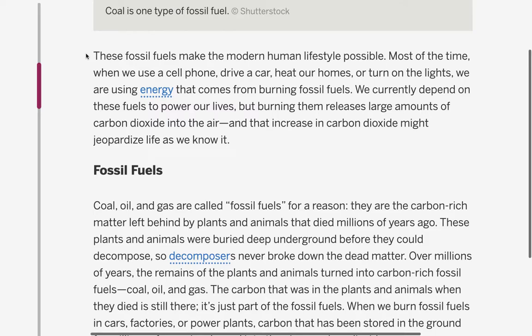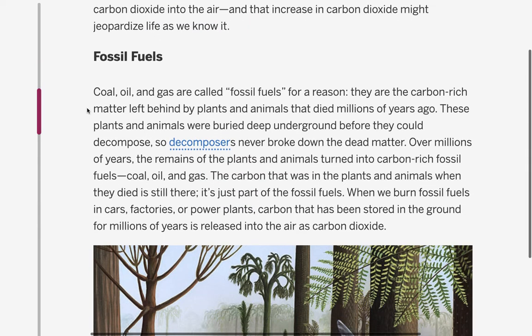Most of the time, when we use a cell phone, drive a car, heat our homes, or turn on the lights, we are using energy that comes from burning fossil fuels. We currently depend on these fuels to power our lives, but burning them releases large amounts of carbon dioxide into the air, and that increase in carbon dioxide might jeopardize life as we know it.